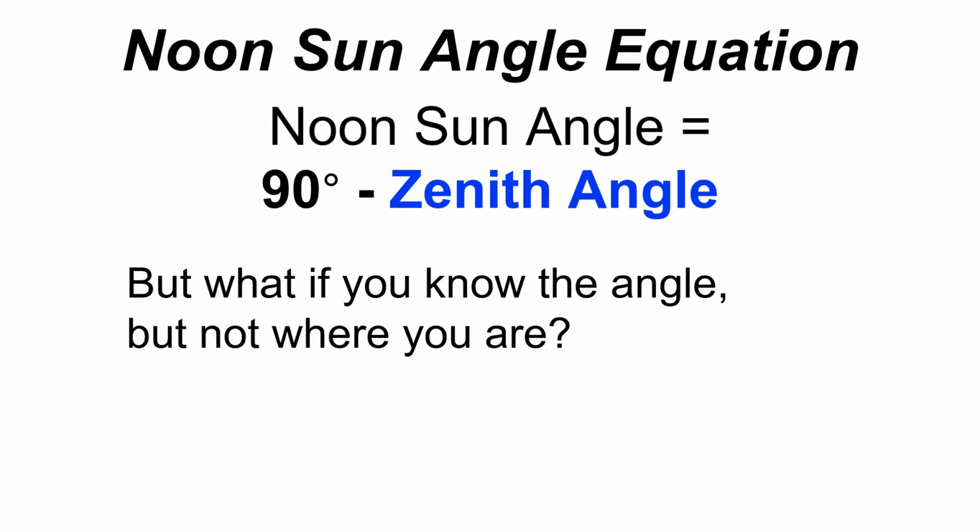All right, when I started this, I said there are 3 elements. There's the noon-sun angle, there's your latitude, and then there's the latitude of the subsolar point. If you know 2 of those, you can solve for the 3rd. So what if you know the noon-sun angle, and you know where the subsolar point is, but you don't know where you are?